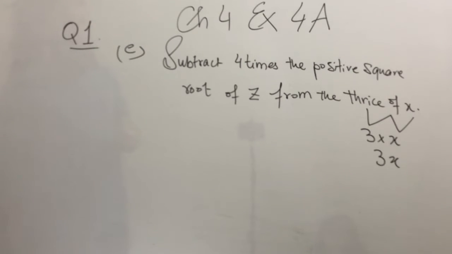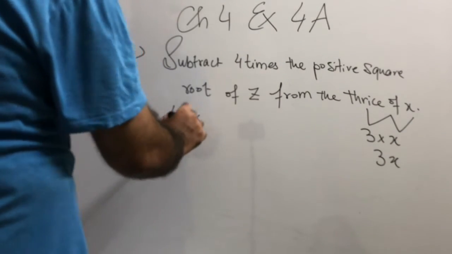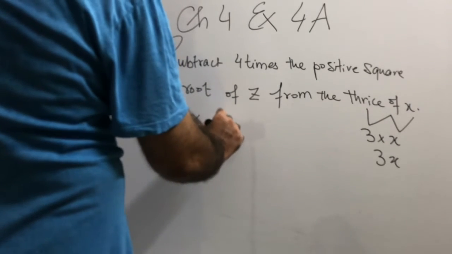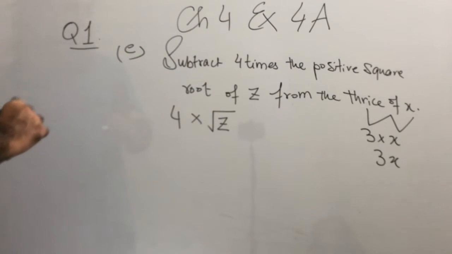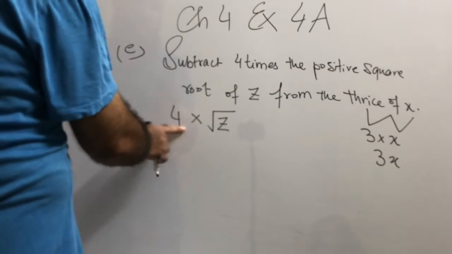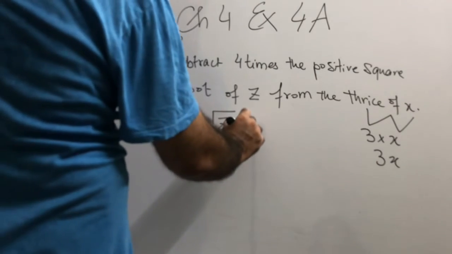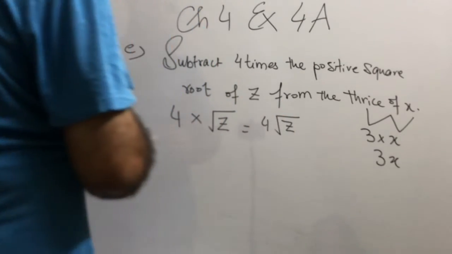Subtract 4 times the positive square root of z. 4 times means multiply. Positive square root of z, z under root. But we know that in algebra there is no need to put this multiplication sign, so we can say this is 4 root z.